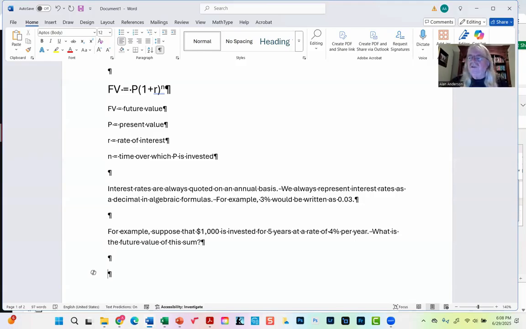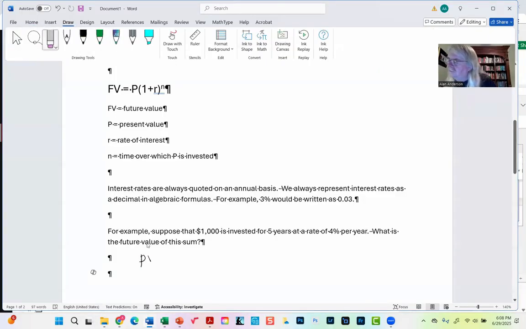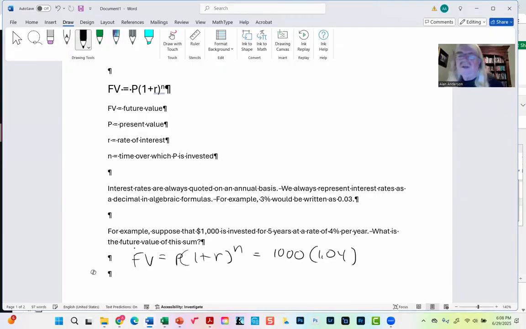So based on our formula, it's 1 plus the rate of interest. The rate of interest will be expressed as a decimal of 0.04. We add 1 to that. The exponent is 5.